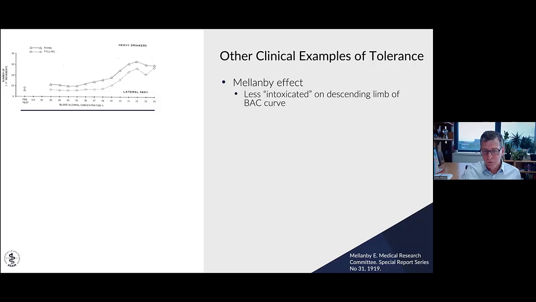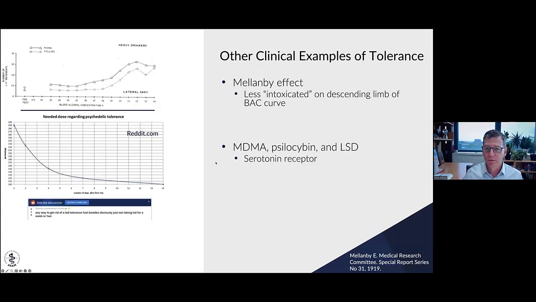It basically means that as you're drinking and getting intoxicated, you're more intoxicated than you are as you're sobering up after the alcohol use period. Right? So you're less intoxicated on the descending limb, at least when you measure it clinically, and I think many people believe this to be true, as you sort of stop drinking for the night, right? And that's called the Mellanby effect.